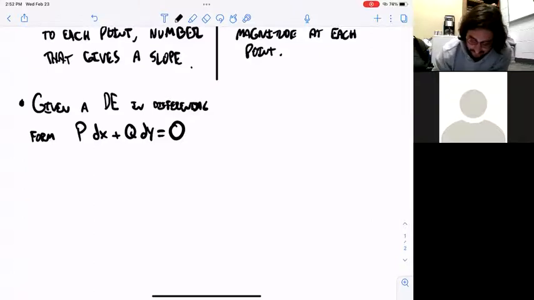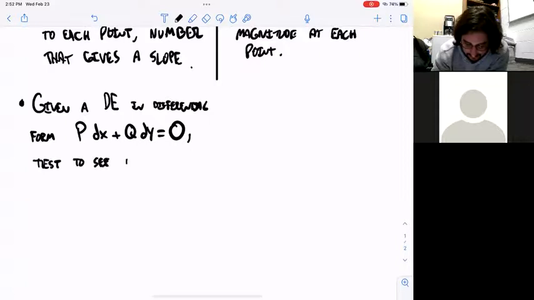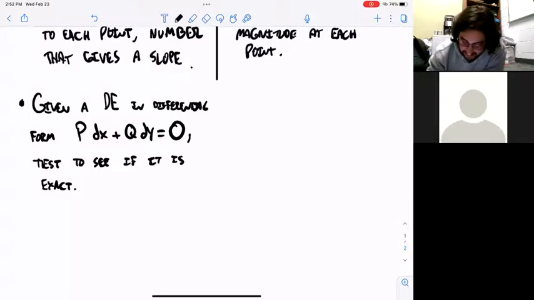if you write your differential equation in differential form, this can be tested to see if it is what we call exact, right? This is something that you do in differential equations.